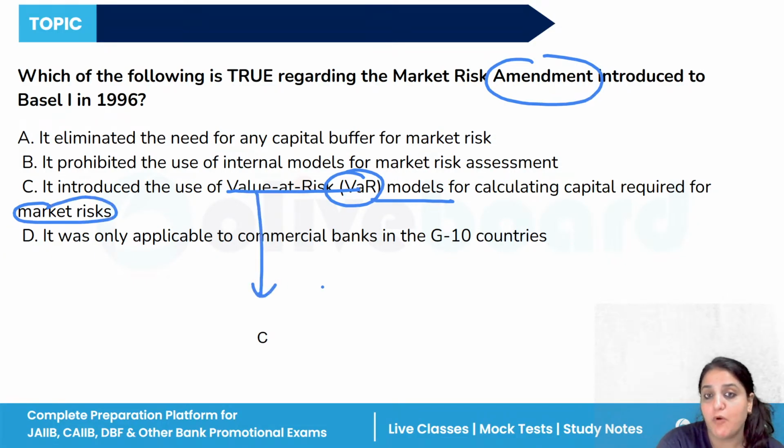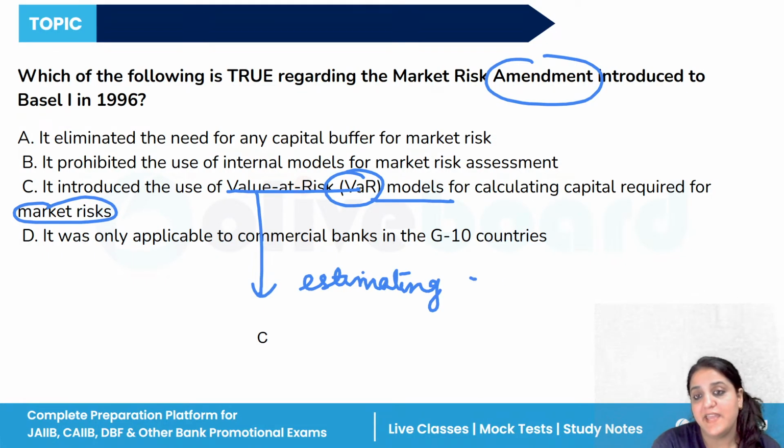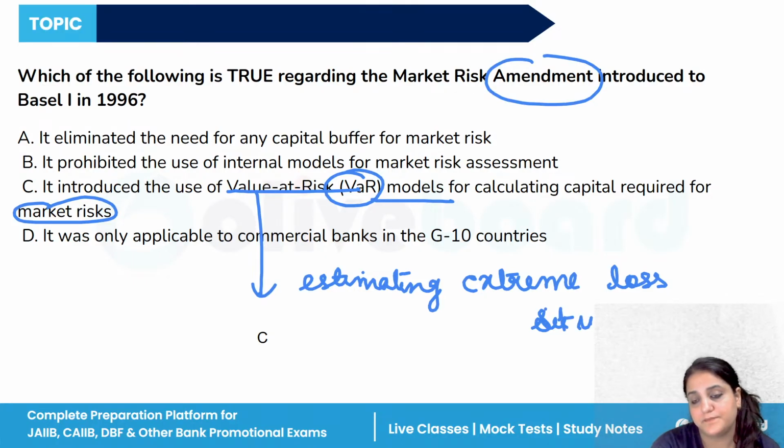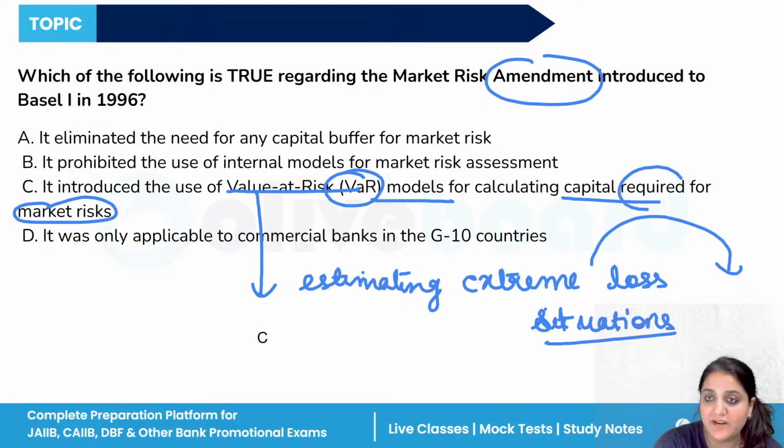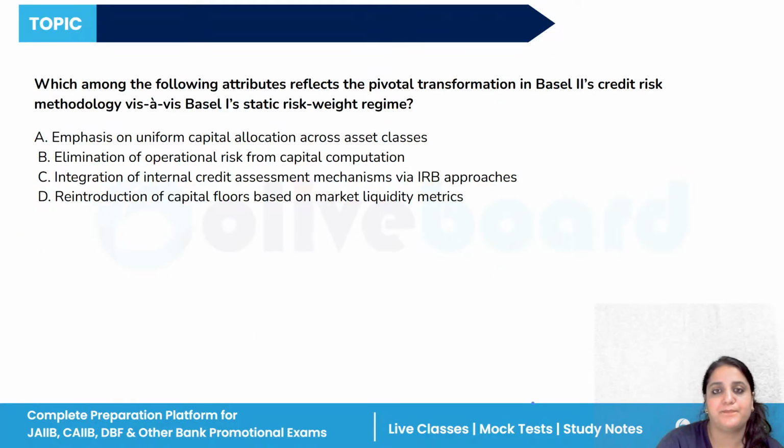Value at risk models are those models that help in estimating the extreme loss situations, and they are responsible for calculating what is the capital required for the market risk.